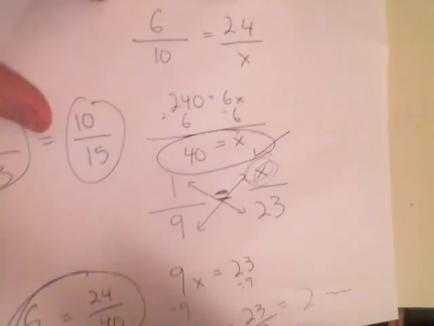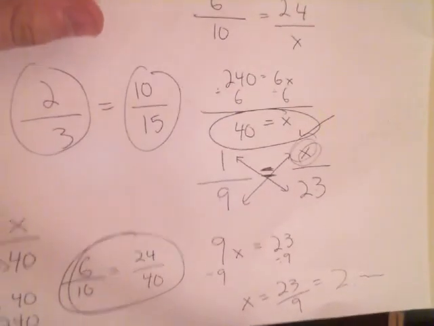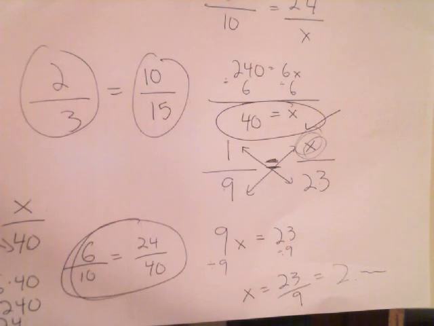Now that's just a quick refresher on ratios and proportions. I'd like you guys to do a few problems, and I will tell you which ones. I'll post them along with this video.